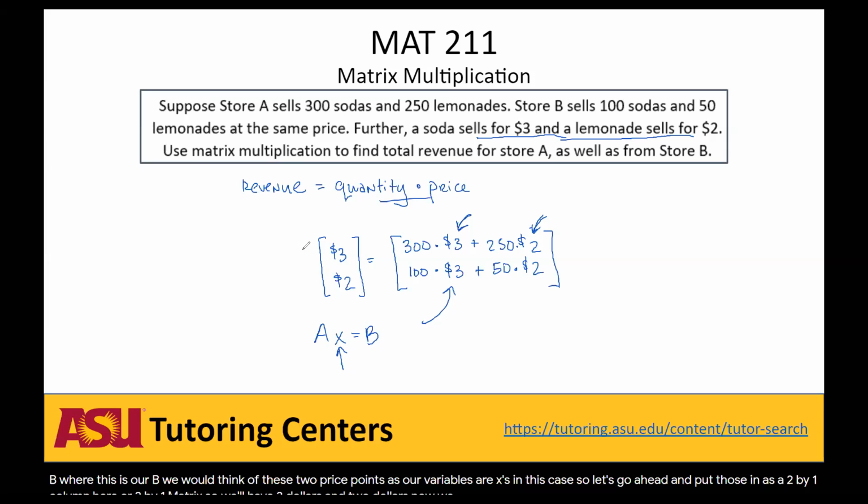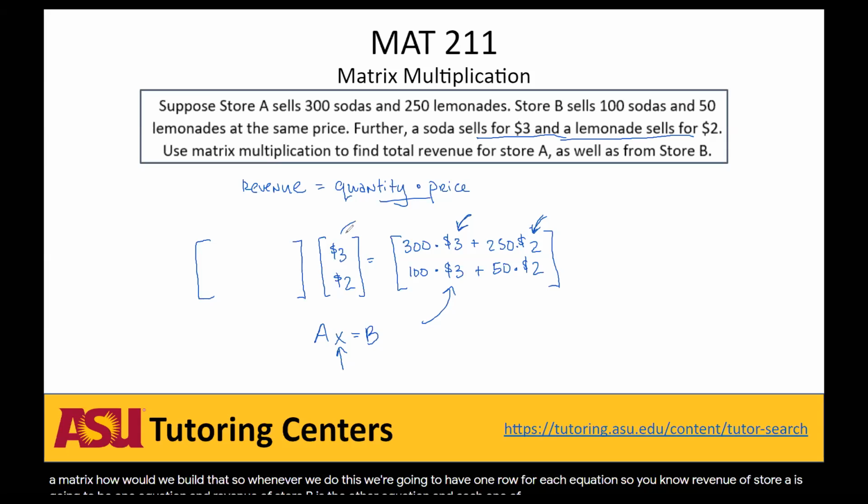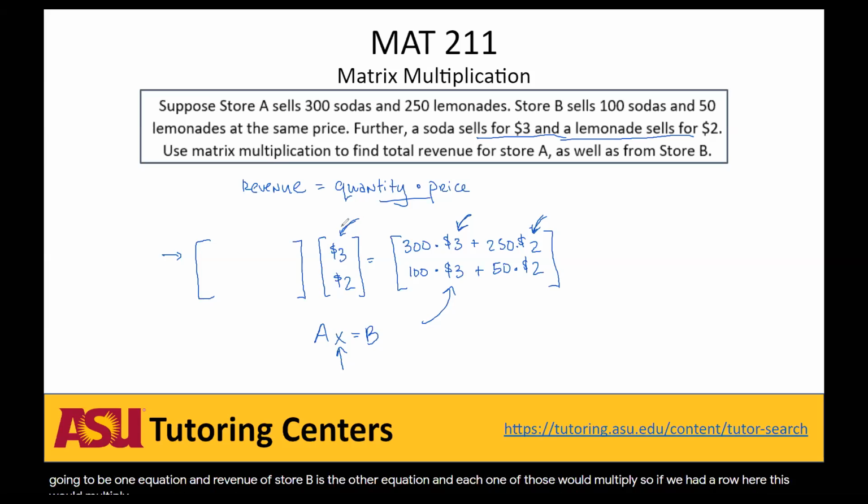Now we want to think about the coefficients, or the coefficient matrix, the A matrix. How would we build that? Whenever we do this, we're going to have 1 row for each equation. So, revenue of store A is going to be one equation, and revenue of store B is the other equation. Each row would multiply with our column.